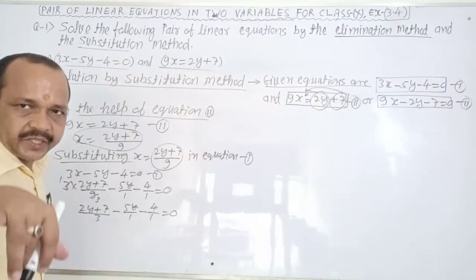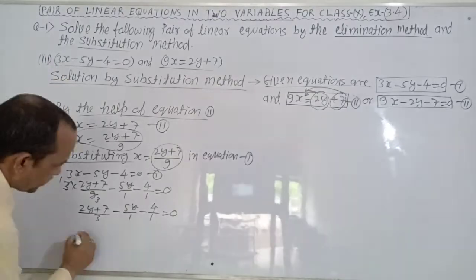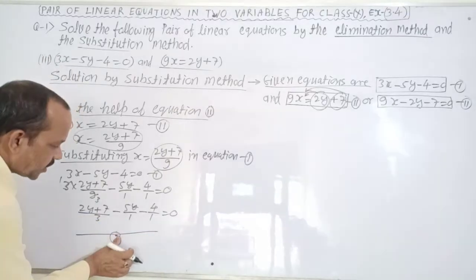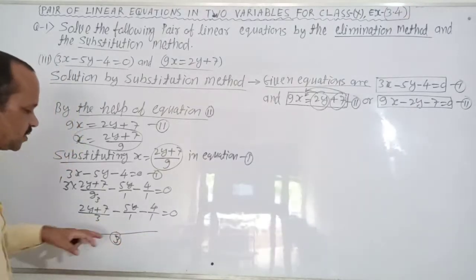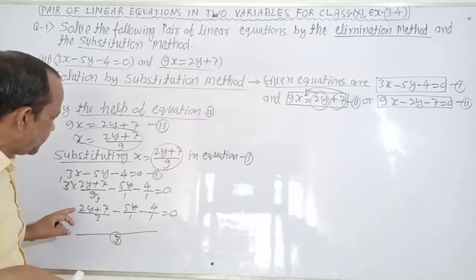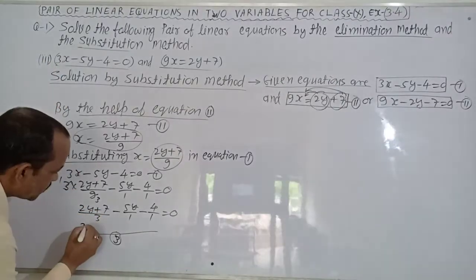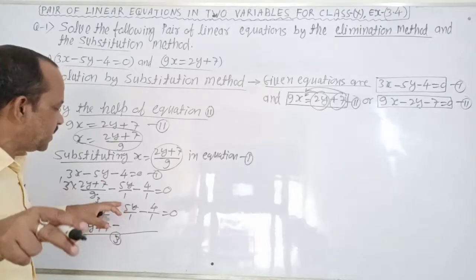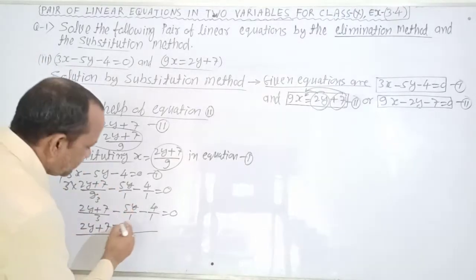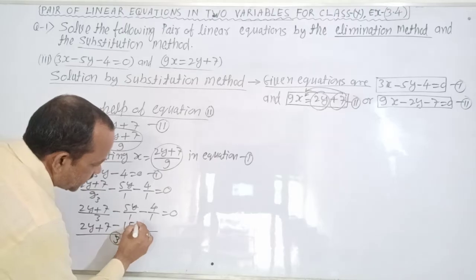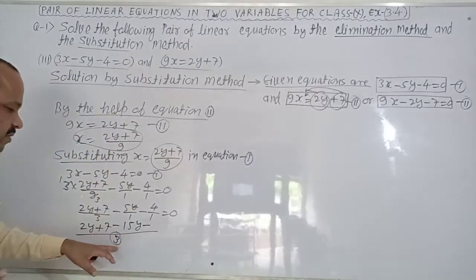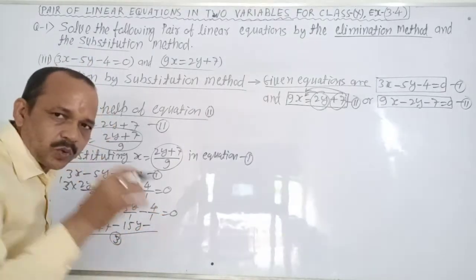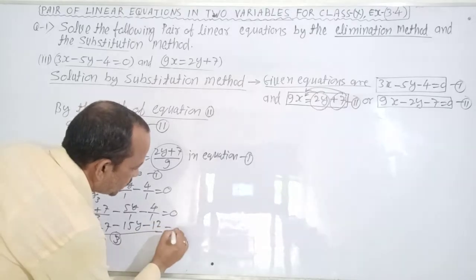Here you can take LCM of all three. LCM of 3, 1 and 1 is 3. 3 divided by 3 you find 1, 1 multiplied by 2y plus 7 becomes 2y plus 7. 3 divided by 1 you find 3, 3 multiplied by minus 5y becomes minus 15y. 3 divided by 1 find 3, 3 multiplied by minus 4 becomes minus 12, equal to 0.